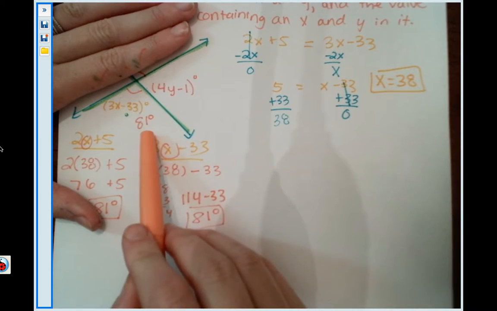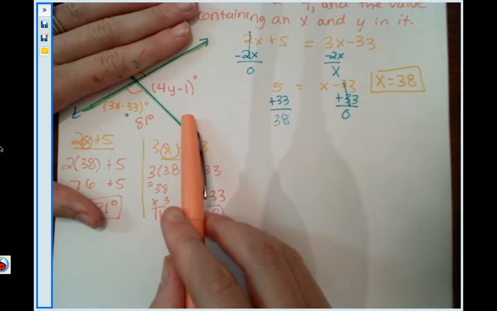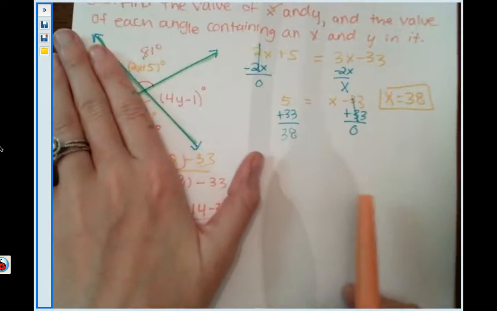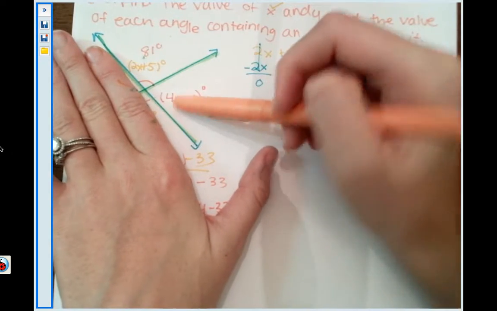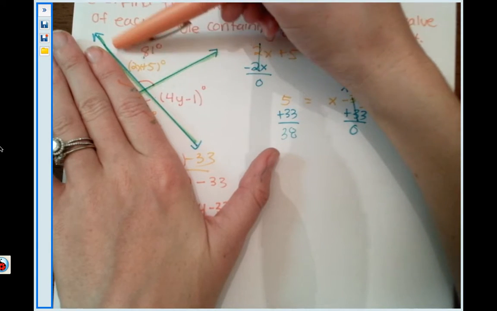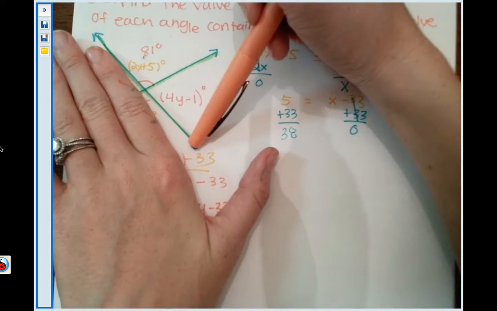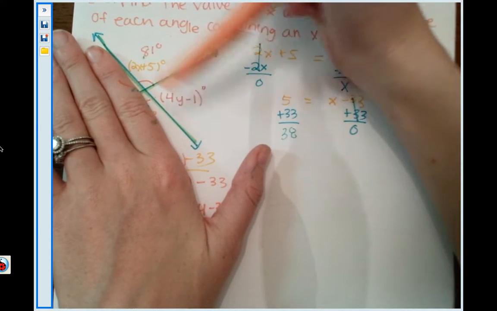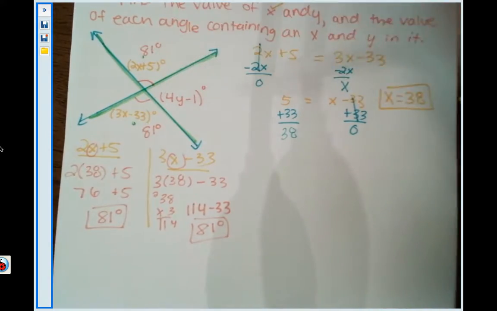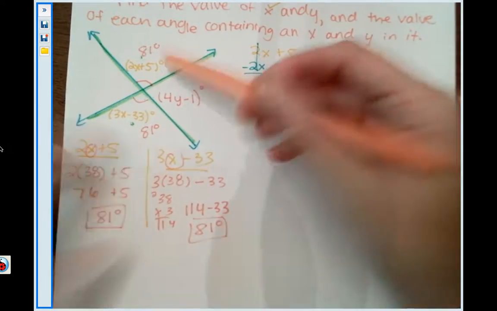So I could say this angle plus this angle equals 180, or I could do the same thing with these 2 angles, which also form this lovely line right here. When they add together, they should equal 180 because that's what a line equals. But it really doesn't matter which one I use since they're both the same angle.